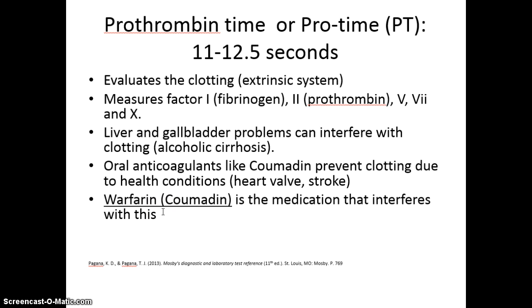We also know that patients taking warfarin or Coumadin to slow that clotting down have possibly had a stroke or a DVT, deep vein thrombosis, or heart valve replacement surgery. Those are patients that are on these anticoagulants, and we measure how well that medication is working by drawing a PT with that.